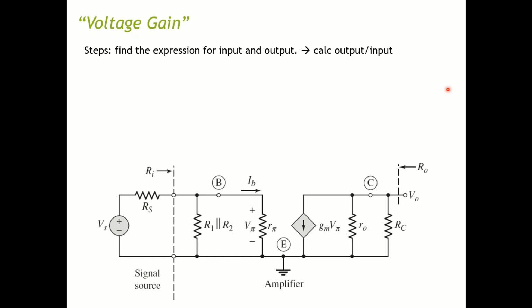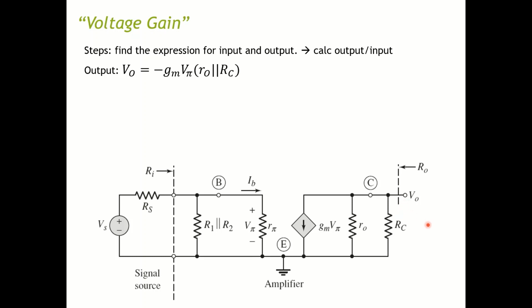Okay. So the first step, if you want to find the gain, you need to find the input, find the output, then divide the output by the input, so output over input, and you get the gain. We have the expression for the output here: VO equals minus gm V pi multiplied by the parallel of RO and RC.